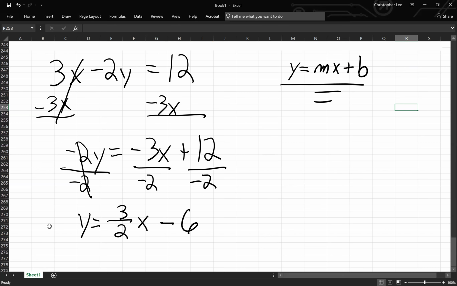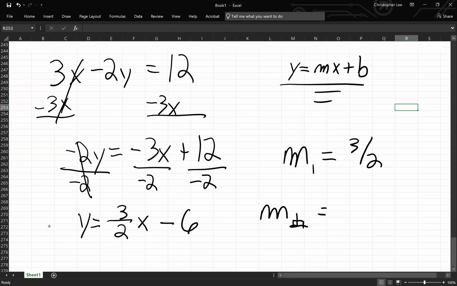All right, so m1 is equal to 3 over 2. Now they said that they want the perpendicular m. Negative and negative is positive, so just 3 over 2 x and that's it. So you just bring it down, and 12 divided by 2.